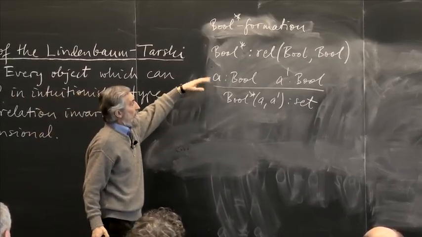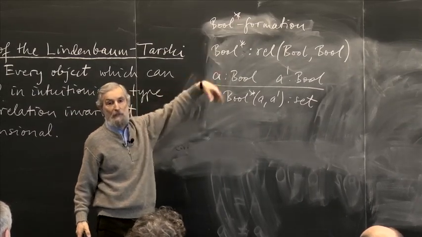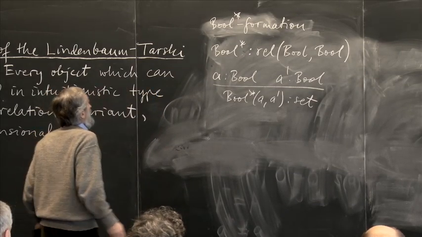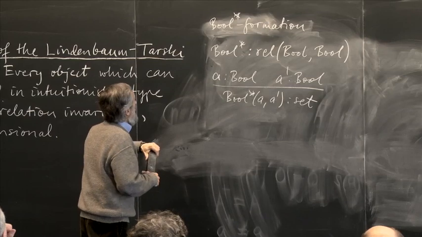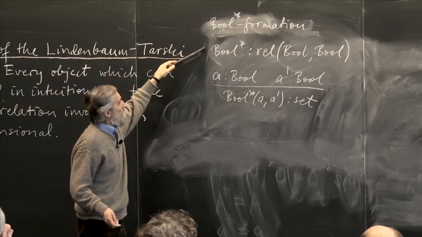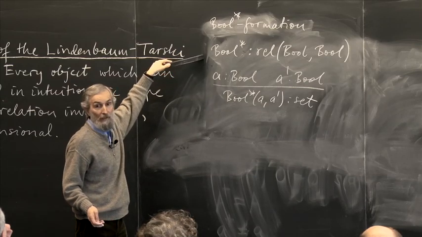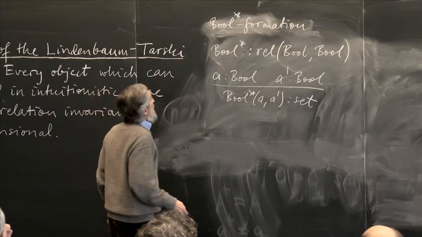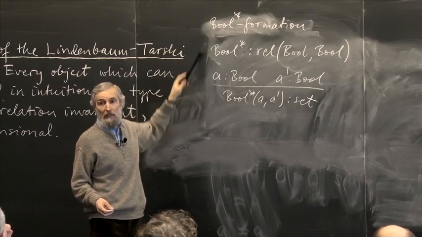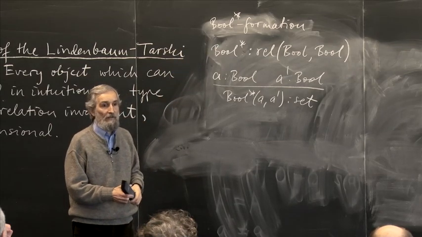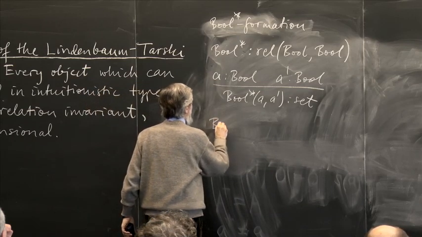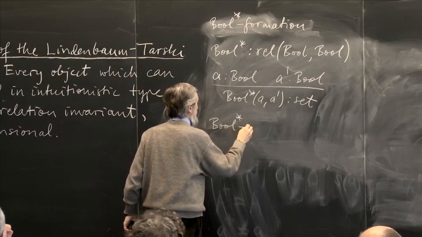And I'm using natural deduction notation now, so that there may always be assumptions that you don't see on top. So that means that the interpretation of the standard rule is gotten immediately from this new rule, whether you write it this way or that way. But this is just the formation rule for bool star. We have to explain what it means also, and that is, as always, done by the introduction rules for it. So we have the rule of bool star introduction.